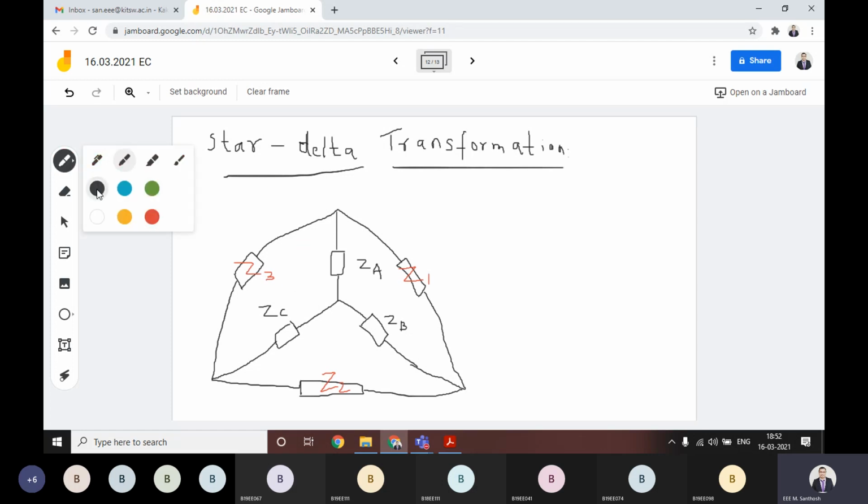How many of you remember this formula? We'll see. First we'll have star to delta. Okay, in the star case what are the values? Values given Z1, Z2 and Z3. Can anyone tell us the formula for calculating Z1?